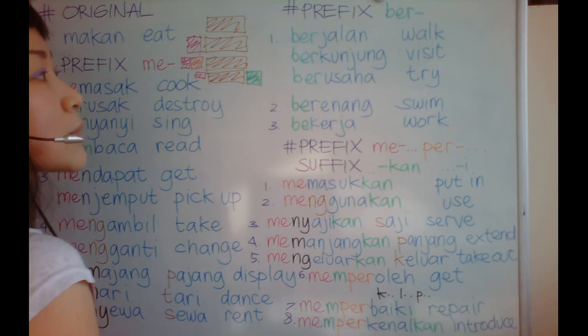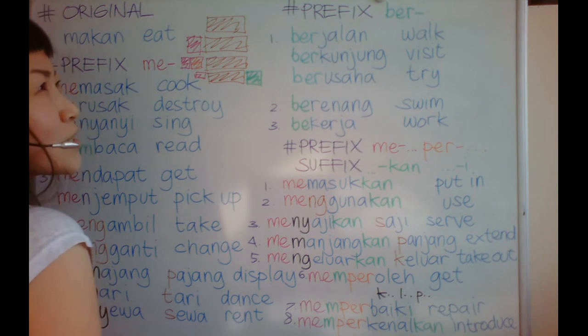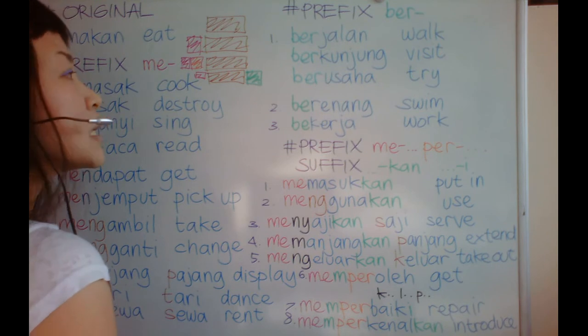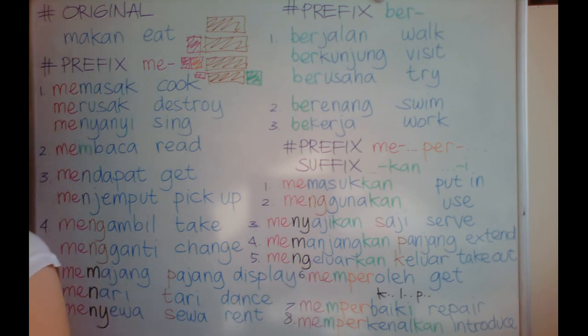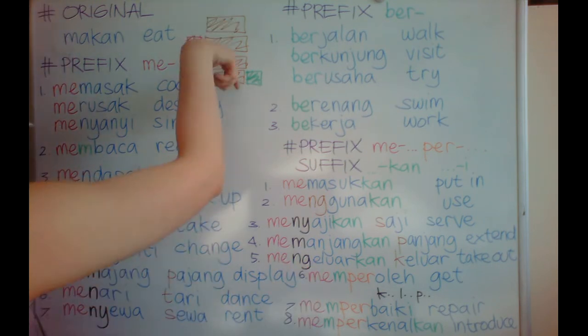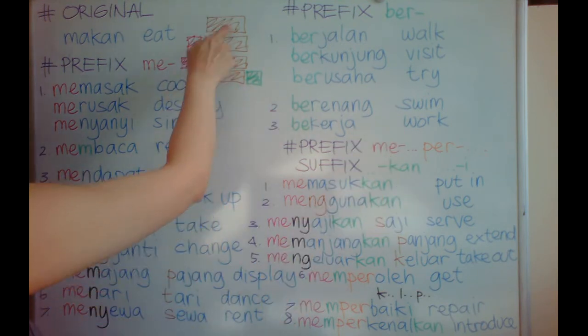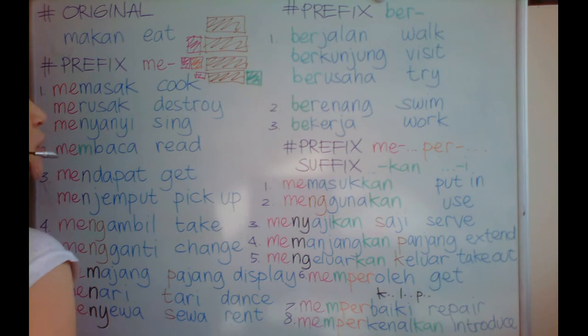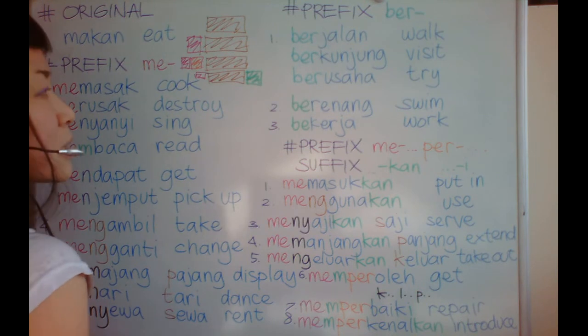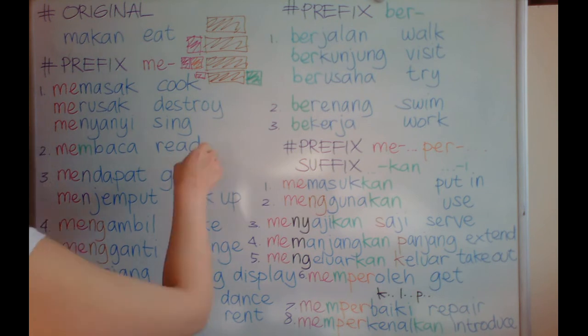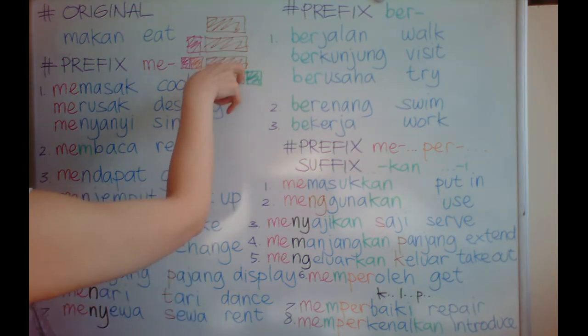Even though sometimes in casual talk, if you're talking with your friends and it's not formal, people just say the base word, the basic word without the prefix and without the suffix. But not all words can be said by the base word alone.